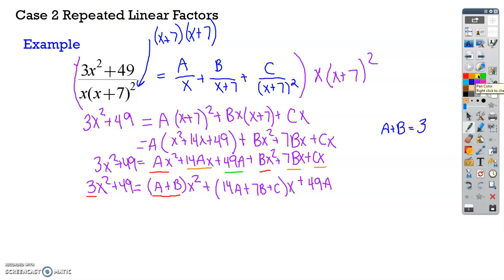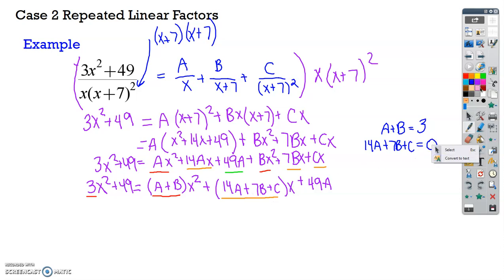Then for my x terms, 14a plus 7b plus c has to give me, there's nothing there. What does nothing mean? 0. So 14a plus 7b plus c has to give me 0. It has to go away. That x term is not supposed to be there.